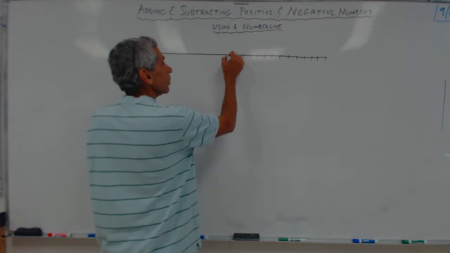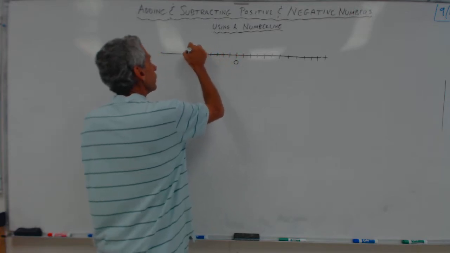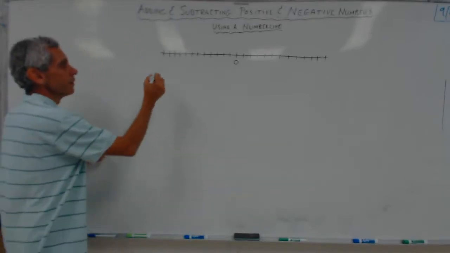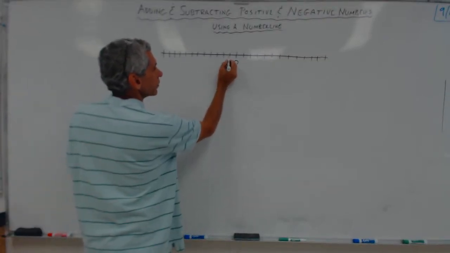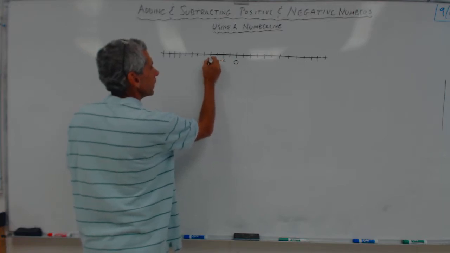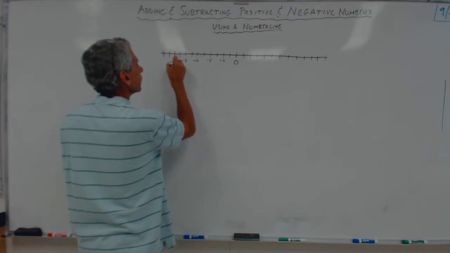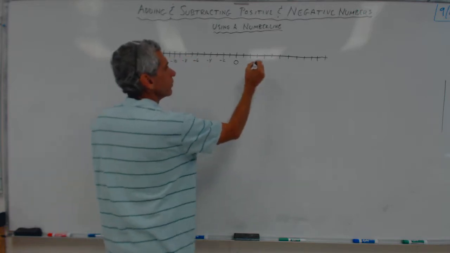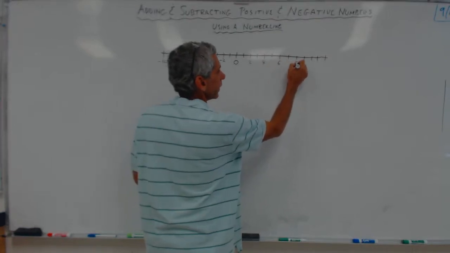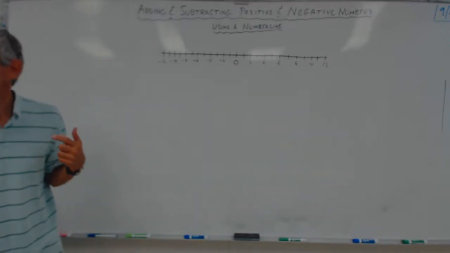So it's going to be -1, -2, -3, and so on to -12. And I might actually label some of these: -2, -4, -6, -8, -10, -12, and 2, 4, 6, 8, 10, 12. That's just going to be helpful a little bit.